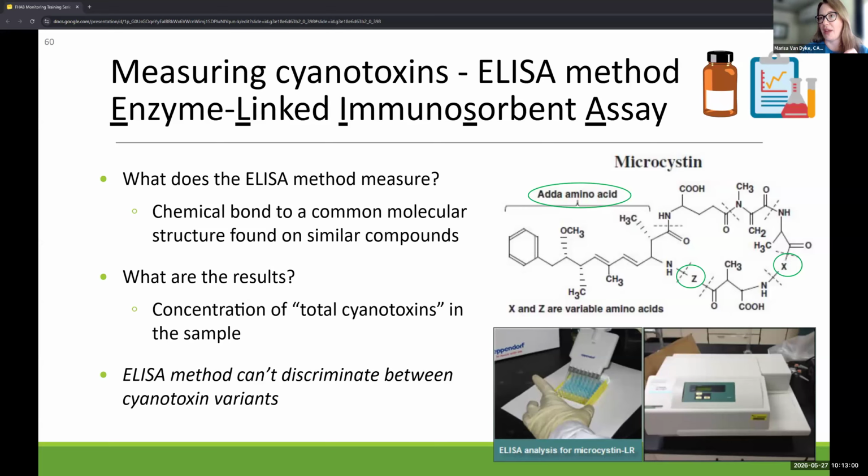The most common lab method, provided in commercial laboratories, academics, maybe even your own in-house lab, is called ELISA. It uses antibody binding as a detection method, and it's considered a biological assay versus an analytical chemistry assay. So if you do other chemical analyses for your water quality monitoring, you may not have come across this method, but it's very useful for cyanotoxin testing.